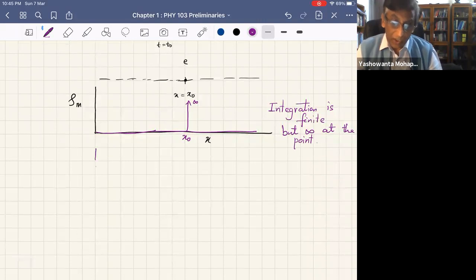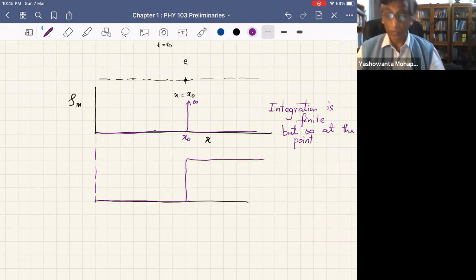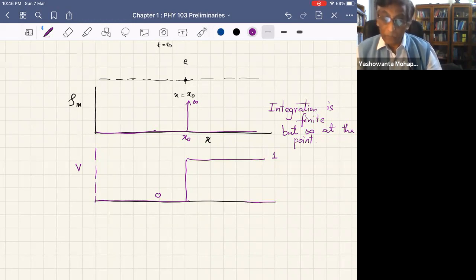There is another thing that I can say. Suppose you have a step function. Let me say a step function. The step function is, let's say, 0 and then goes to 1. This is 0 here, and then it's 1. Let's say voltage, or 0 and 1 or whatever. Now I want you to find out what is the differential.